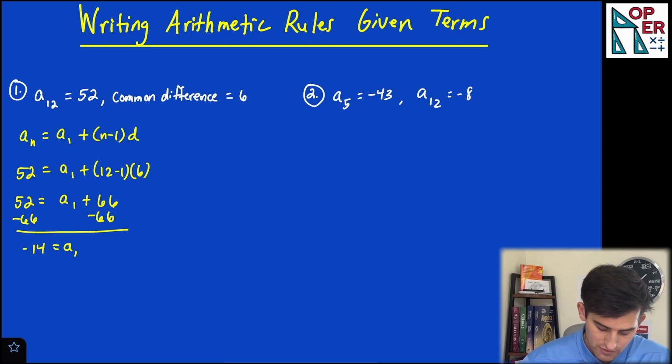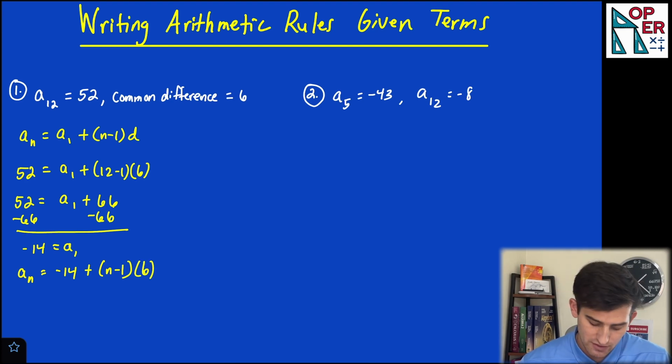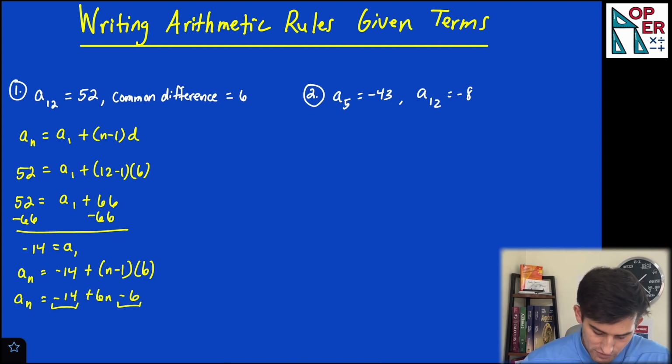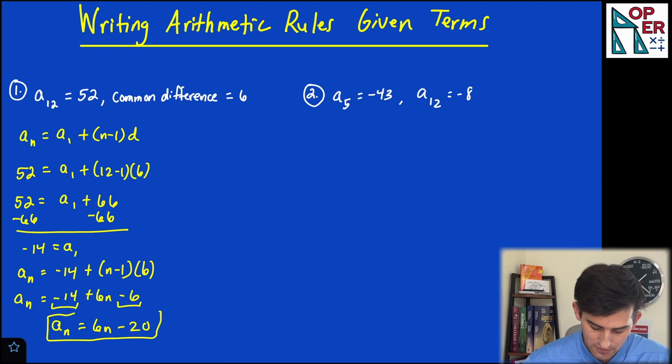So a sub n equals negative 14 plus n minus 1 times our common difference, 6. Now let's distribute the 6: a sub n equals negative 14 plus 6n minus 6. Combining negative 14 and negative 6 gives negative 20. So our final equation is a sub n equals 6n minus 20.